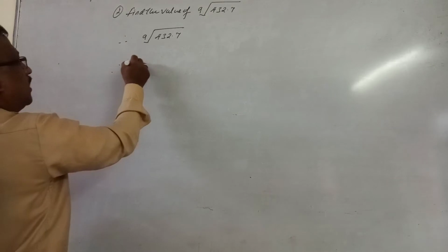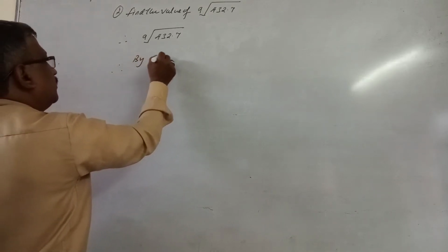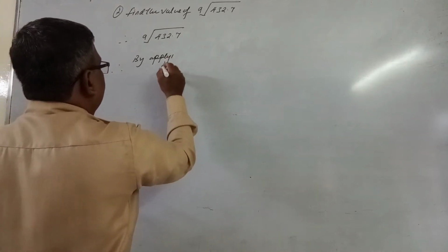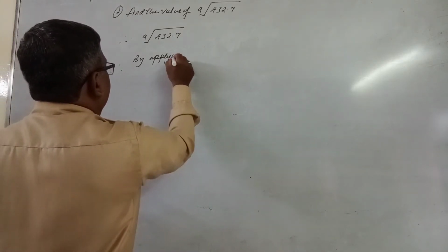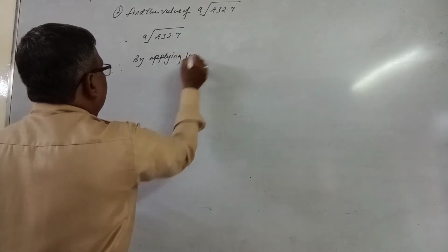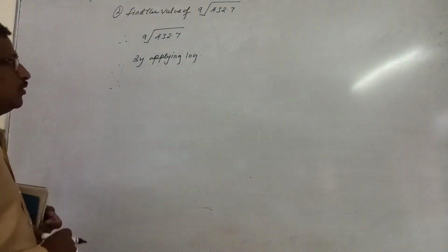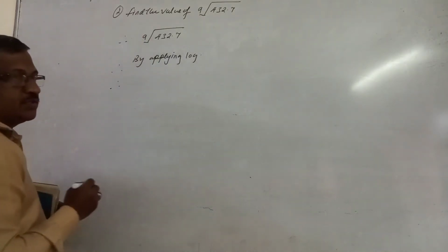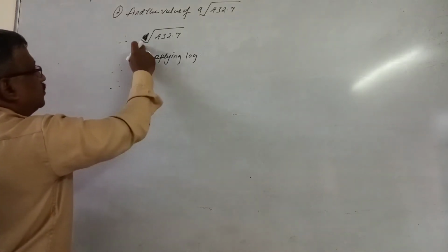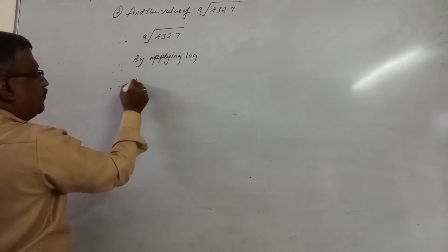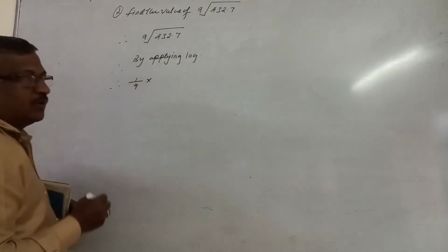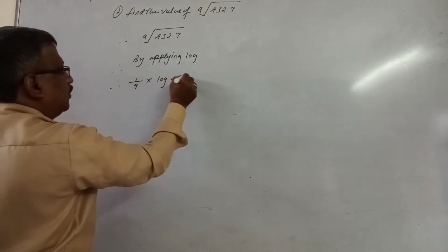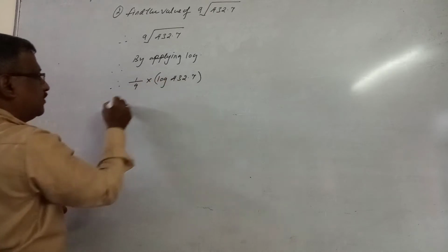Now first, as it is, you apply the log. So first we cancel this ninth root, and if we cancel this ninth root, we have to write it in reciprocal form. So it is written as 1 by 9, right? Into, we have to find out the log of 432.7.